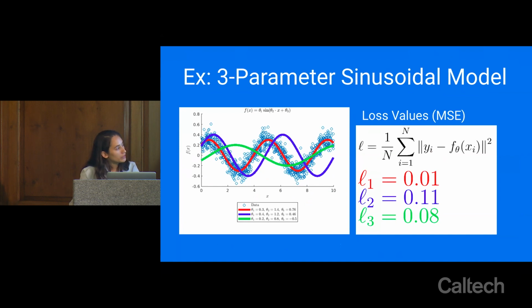Even though when we visually inspect it we think we would prefer the blue one, because of the loss function that we chose, it's not the one we would pick. This is a cautionary tale to make sure the loss function you pick is in line with the behavior you want to see in a good model. I see. Thank you.